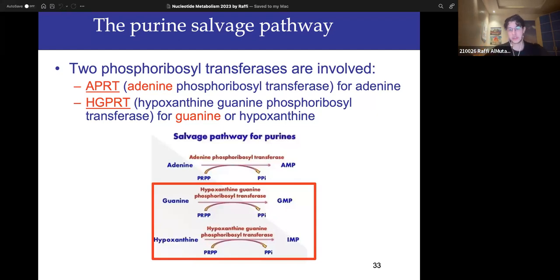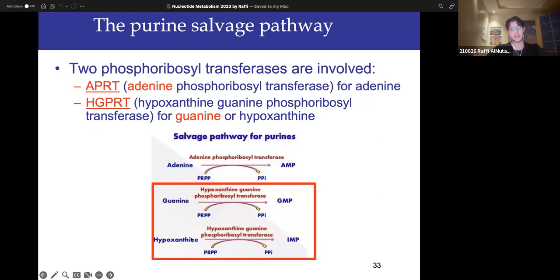And as I mentioned in the very beginning, PRPP is not just important for de novo, but it's also important for salvage. In order to make a purine, you need to have PRPP. So we get this adenine, and along with the PRPP, we will make AMP. The enzyme that does this is APRT.